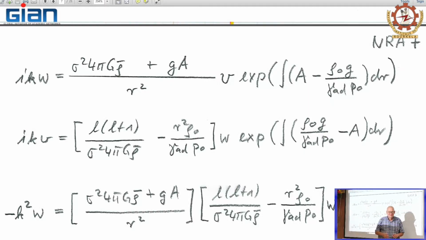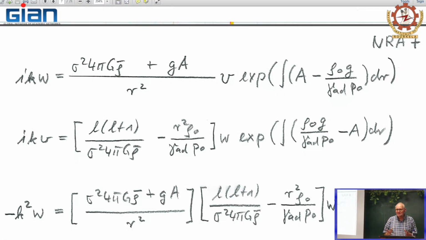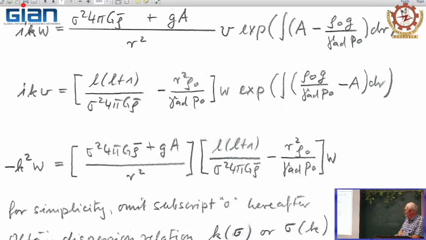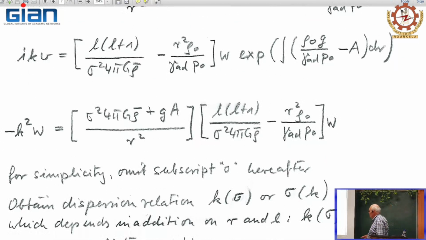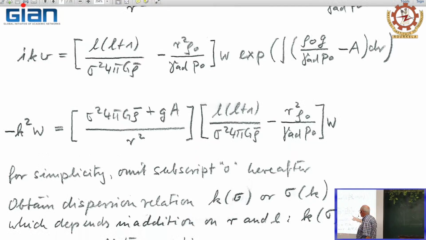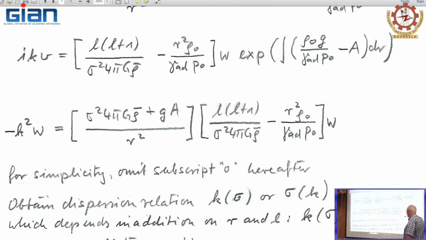We will consider this local dispersion relation in both ways, either as an equation for wave number for given frequency, or as an equation for the frequencies for given wave numbers. It can be read in both ways.